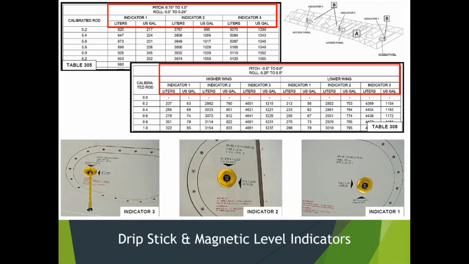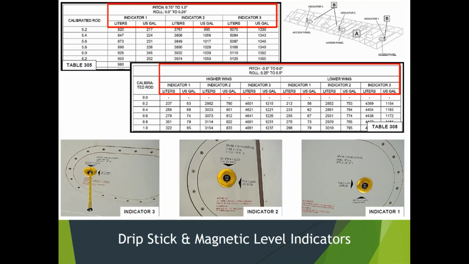Now again, we can convert to volume, but it's not going to give us a weight. So you can see here, there's going to be a chart. In this case, if pitch is 0 to 0.5 and roll is 0.25 to 0.5 degrees, you would use this chart. Then you look at the rod, which rod, and what it's reading and at what position.